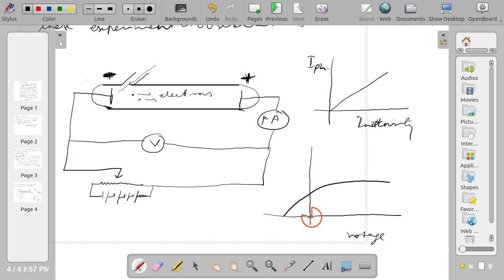If the potential is zero at this plate, electrons are still reaching, so it has some value of photocurrent.